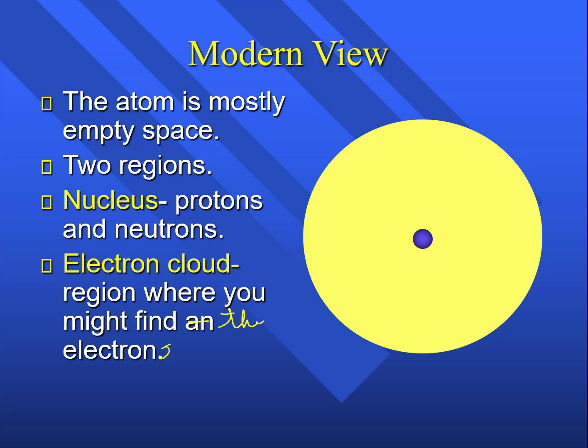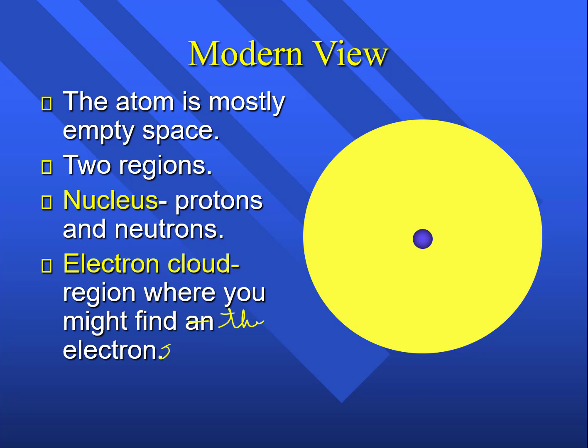An electron cloud is not a cloud of electrons. That would be a bunch of electrons. Here's my evidence that electron cloud is not a cloud of electrons. Hydrogen has an electron cloud. Hydrogen only has 1 electron. How can 1 electron be a cloud? Well, it's a cloud of probability, a cloud of where you have a chance of finding the electron.